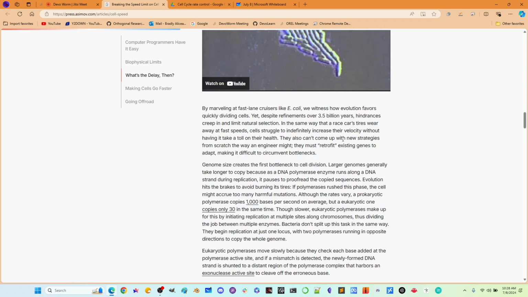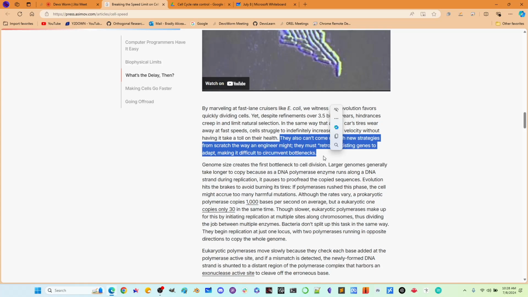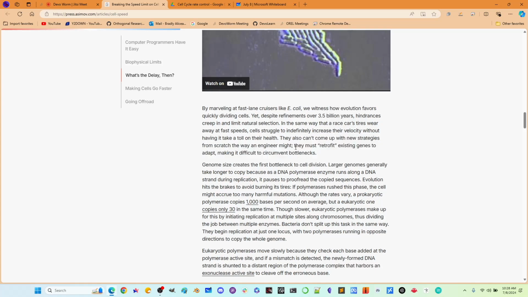They also can't come up with new strategies from scratch in a way an engineer might. They must retrofit existing genes to adapt, making it difficult to circumvent bottlenecks. So this is a good point that natural selection doesn't operate like an engineer might optimize something. You have to work with the existing genes that you've been given, and you may be able to retrofit existing genes to adapt.